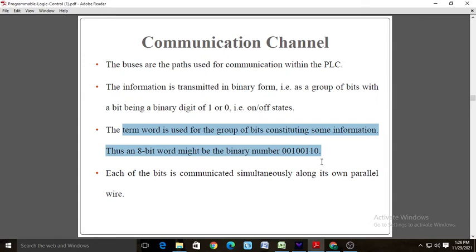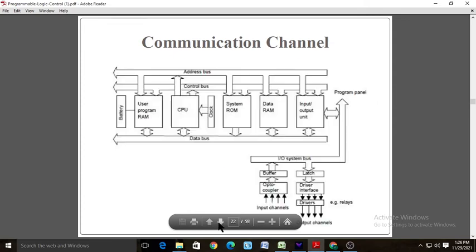This binary number format is called the digital signal. Each of the bits is communicated simultaneously along its own parallel wire. Here you can see the communicating channels. We already saw the types: address bus, control bus, data bus and input-output module system bus.